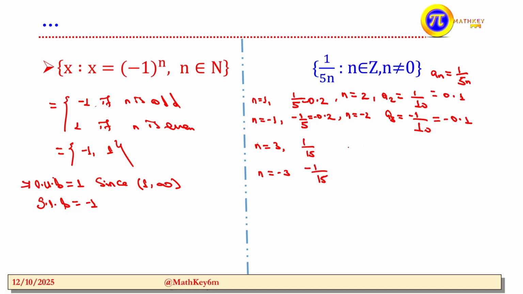Continue like this. Here n equals 4, so a equals 1 over 20. Similarly, if n equals negative 4, a equals negative 1 over 20. I think it goes in the way of decreasing.